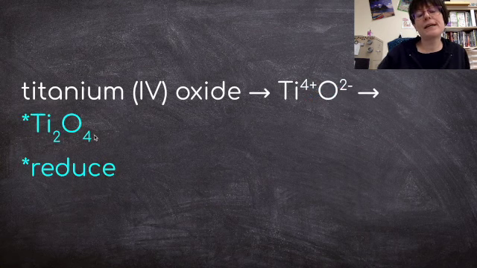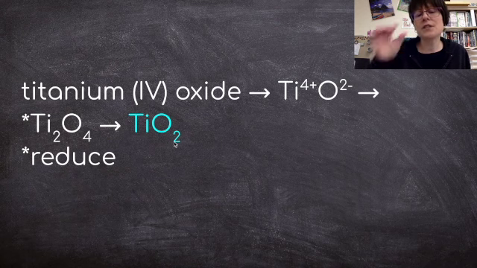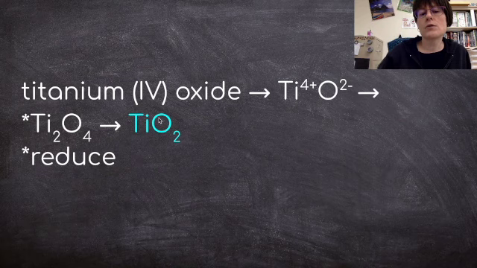But remember, with ionic compounds, we have to reduce it to lowest terms. So we write it as TiO2. That's just a reminder of reducing things. We don't have to do that too often, but we often do have to do it, especially with oxygen when we're using group 2 as well.